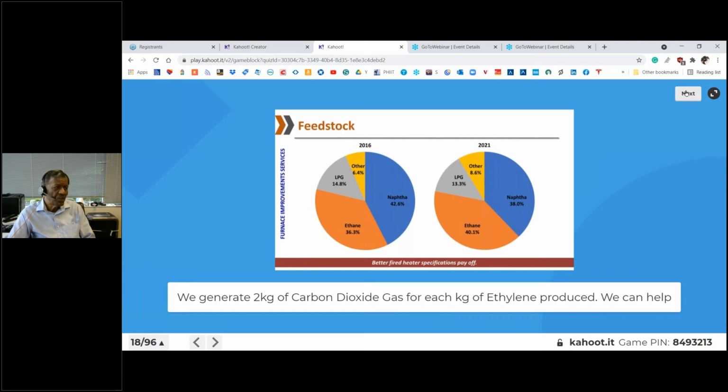But even LPG is holding steady at about 14%, others are about 8%. Also, the ethylene process is very energy intensive, and we generate 2 kg of carbon dioxide gas for each kg of ethylene produced. So that's another thing to take notice of.